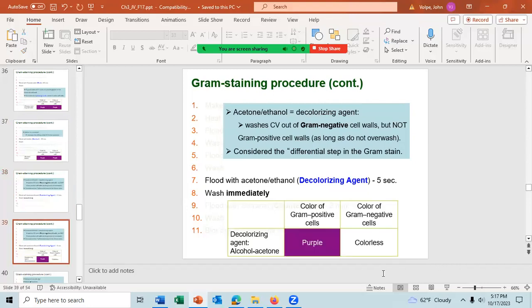At this step, the gram-positive cells will stain purple from the crystal violet iodine complex, and the gram-negative cells will be colorless because the decolorizing agent will have pulled out the crystal violet iodine from these cells.